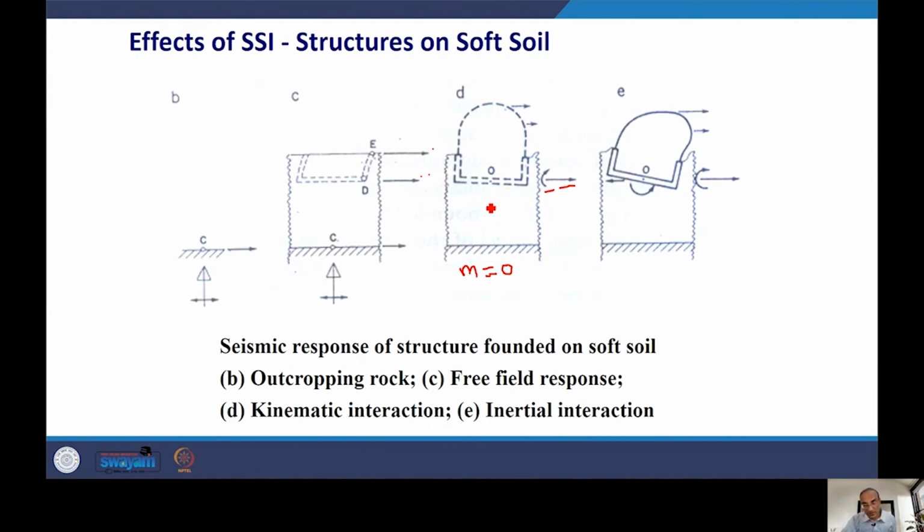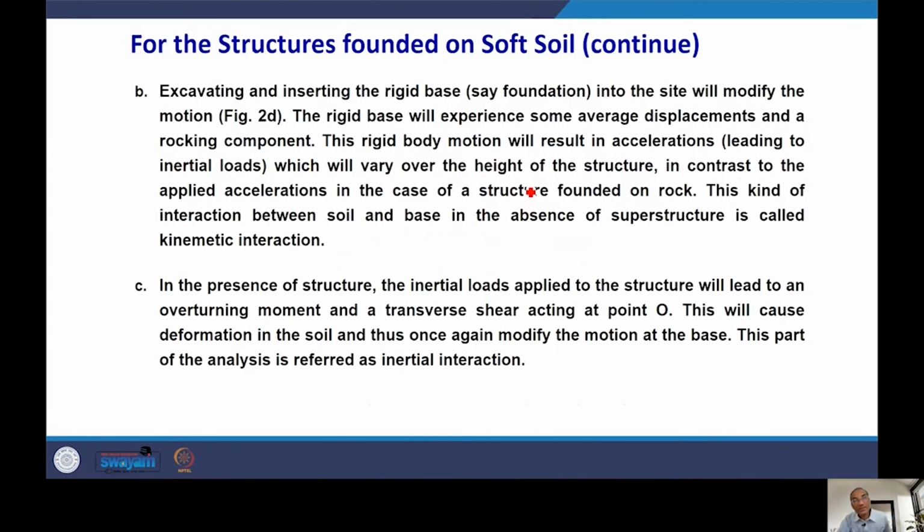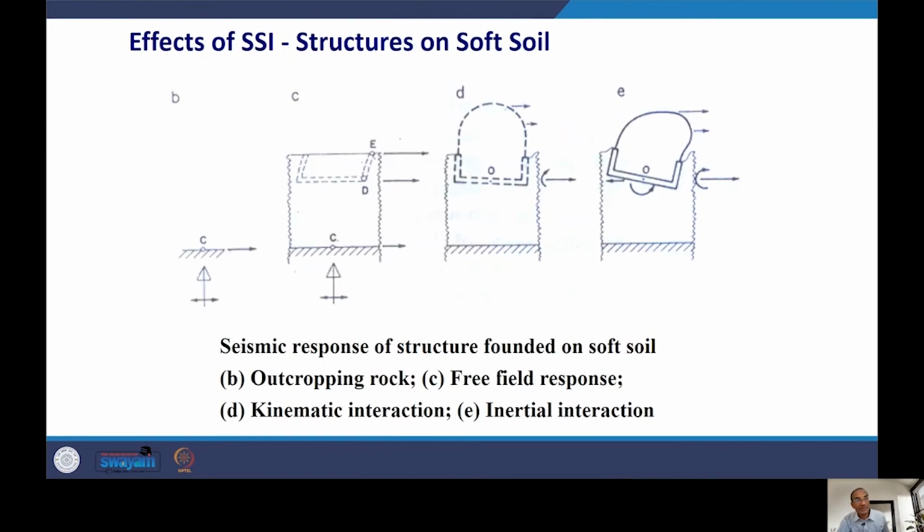So even though your input motion was only reciprocating motion, finally, due to the presence of inertial interaction, this is applied to the base of the structure at point O, and at point O not only do you have the translation, you again have some rocking component. So this is the change here. Continue with this. Now what you have here, we have already discussed in detail.